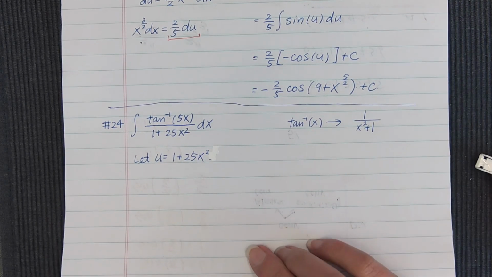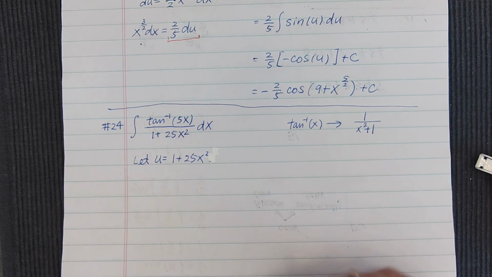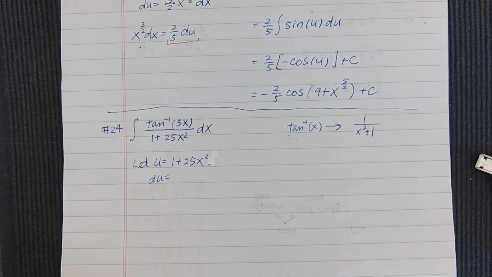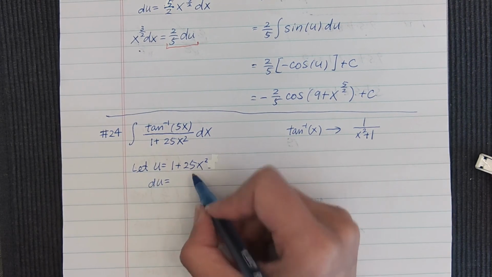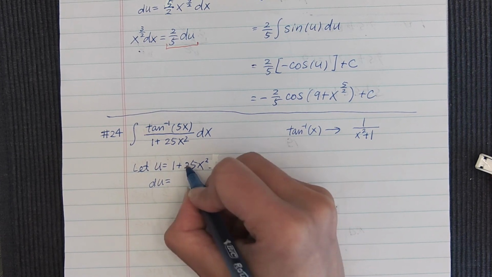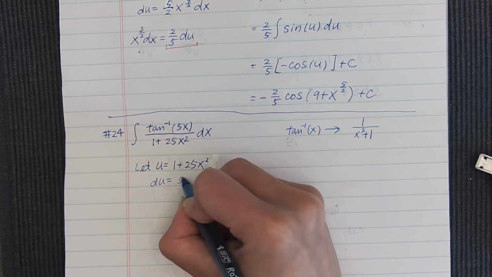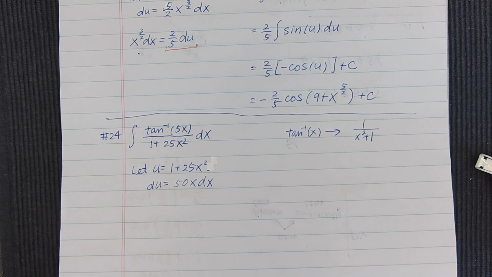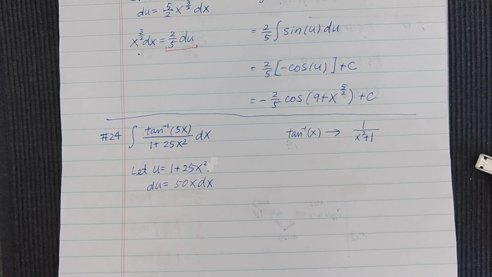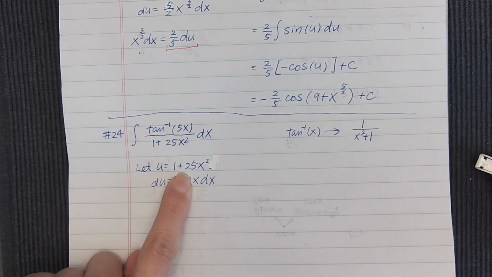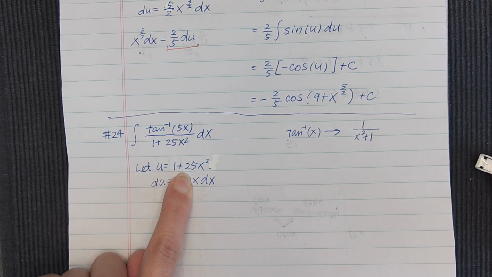So what do you see? What's the du? du equals 50x dx. Did you see it? I really want you to make sure: do I have an x dx in this question?